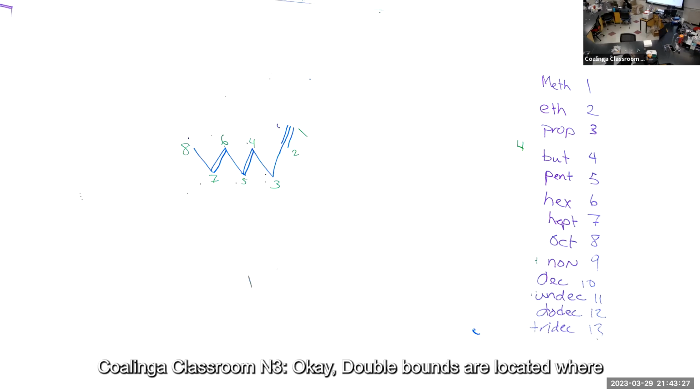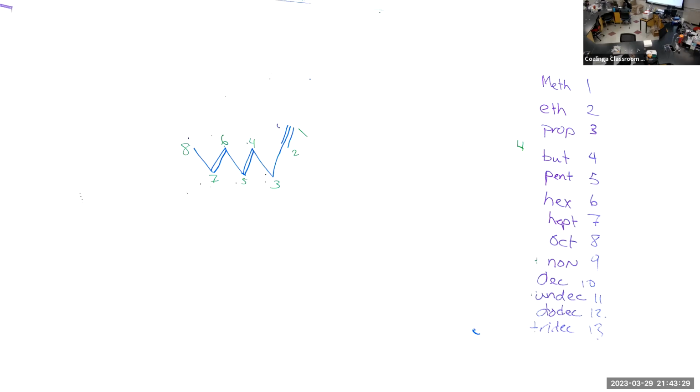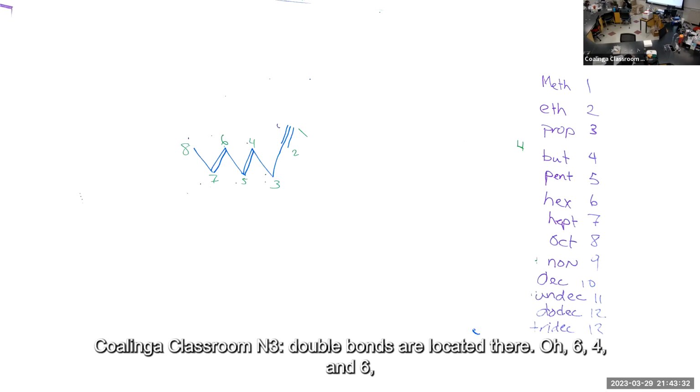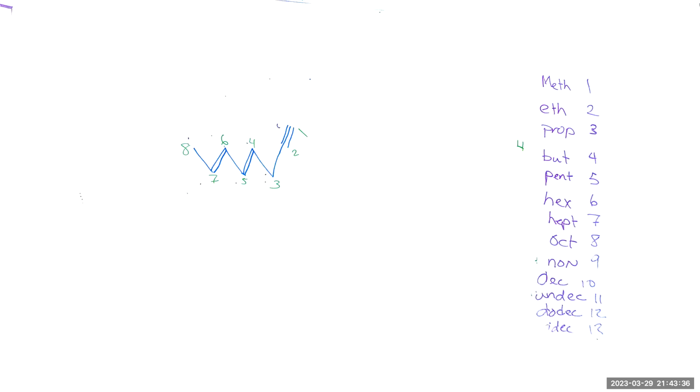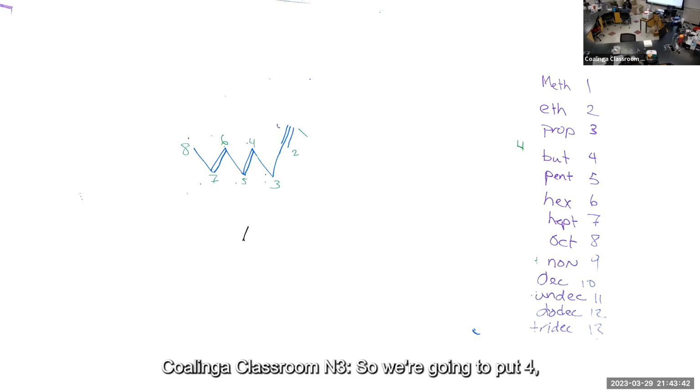Okay. Double bonds are located where? 4 and 6. Starts at the 4, starts at the 6. So we're going to put 4, comma, 6, dash.